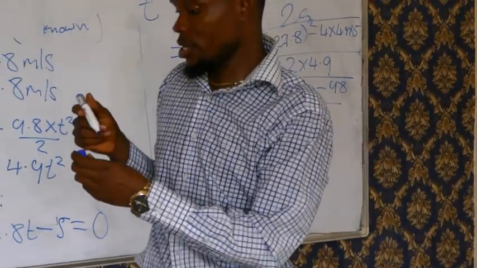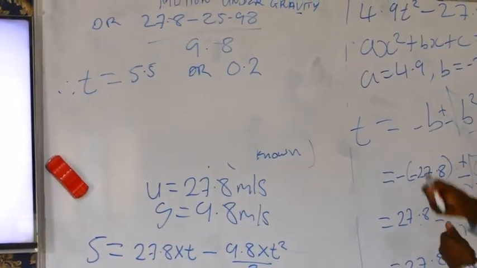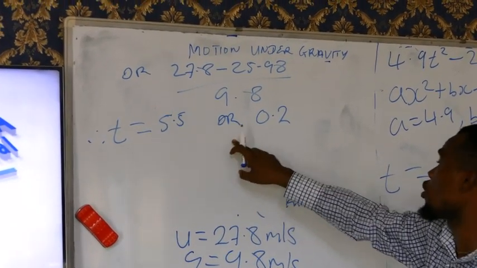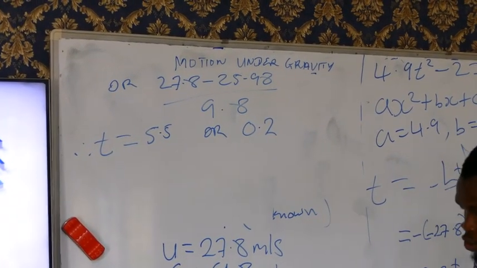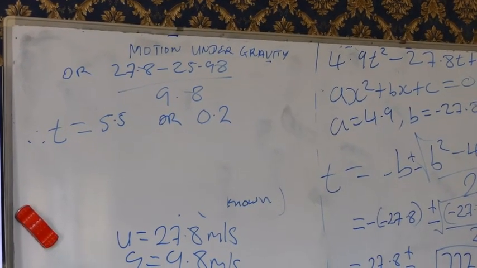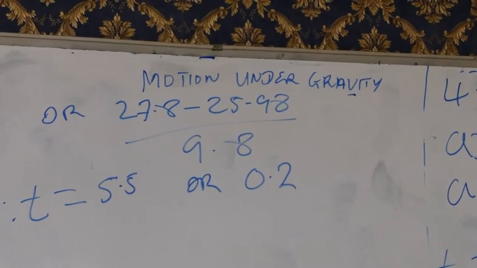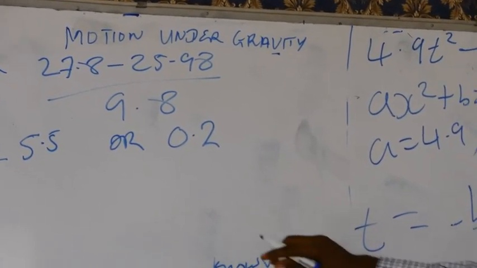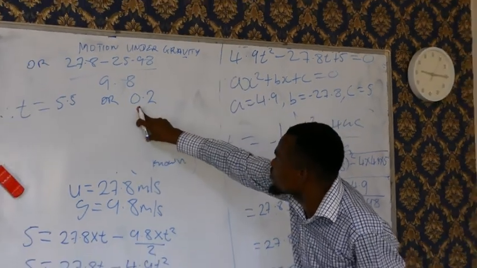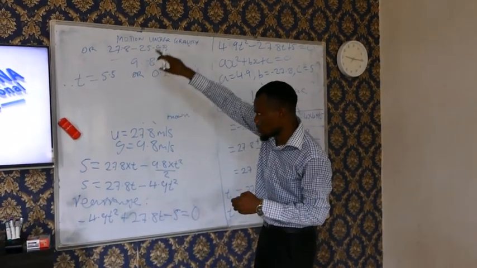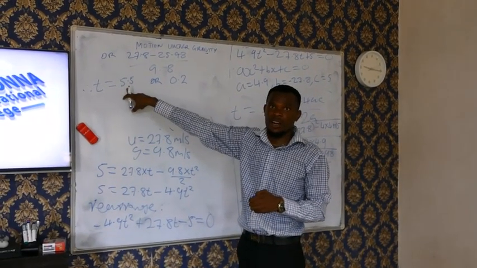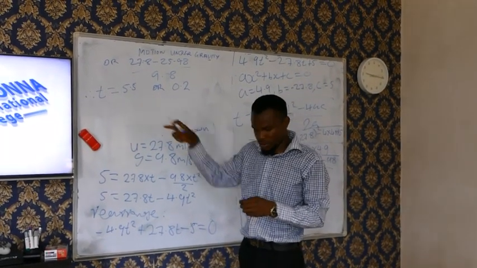So at the end of the day, t is now, that is this over this, will give you 5.5 seconds or 0.2 seconds. So consequently, what it means is that the object, when it was initially released, took 0.2 seconds to get to 5 meters. Getting downward to another 5 meters, you now have 5.5 seconds.